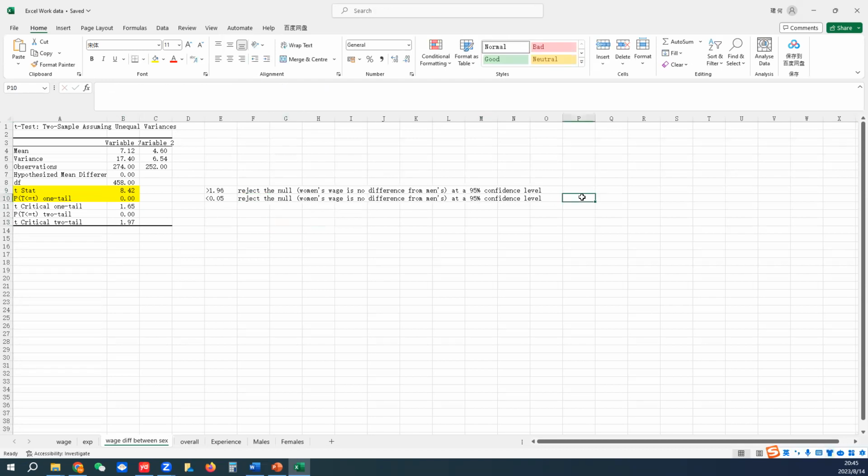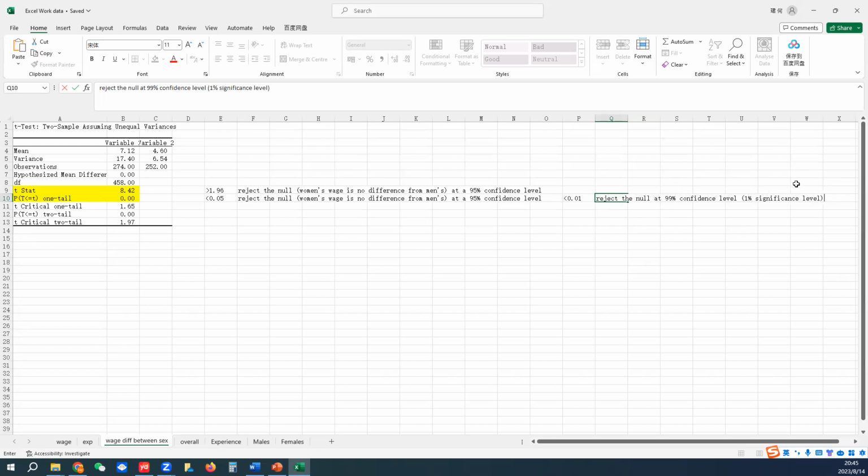We can take a step further. It is even smaller than 0.01. That means we can reject the null at a 99% confidence level, which is also a 1% significance level.